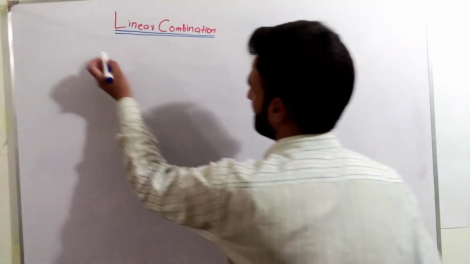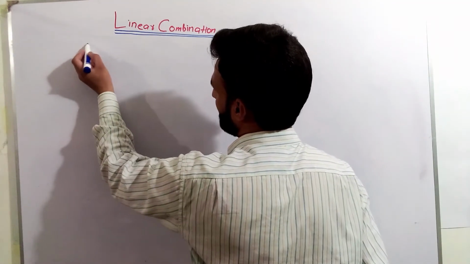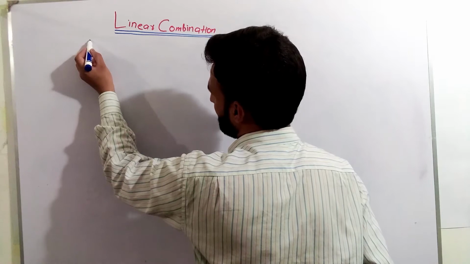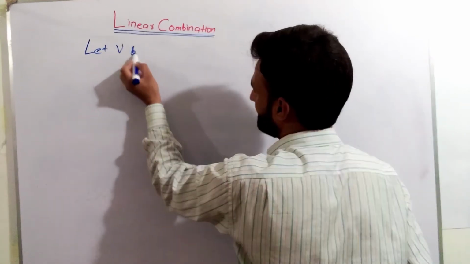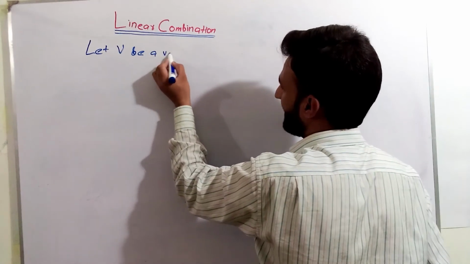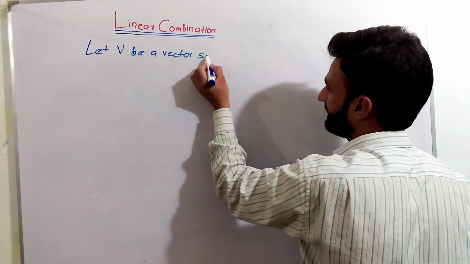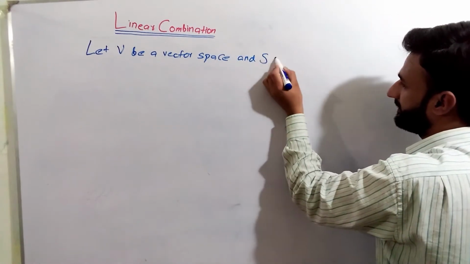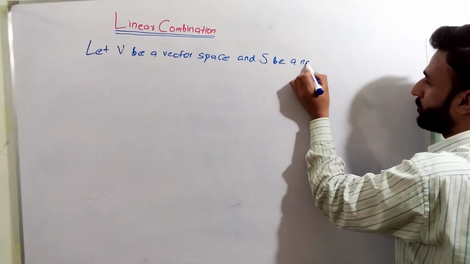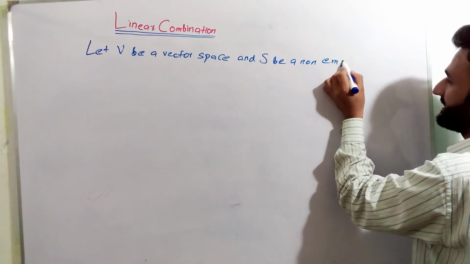Before starting, let me check the definition. What is the definition of linear combination? The definition of linear combination can be written as follows. Let capital V be a vector space and S be a non-empty set.